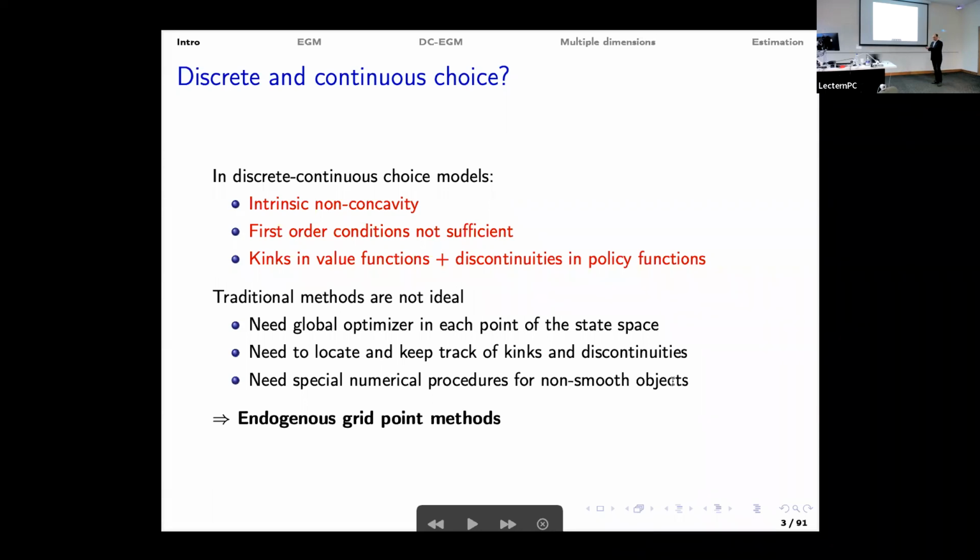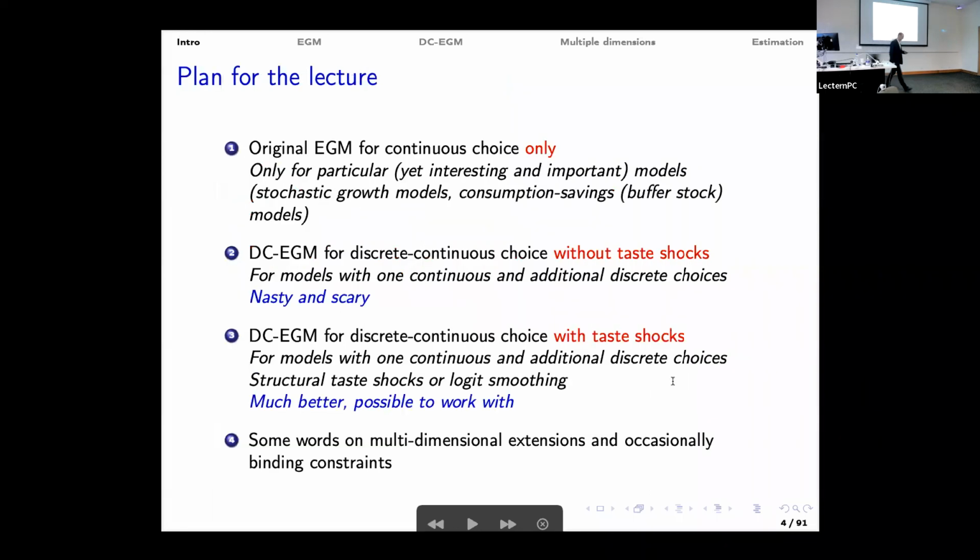Anyway, so all this leads us to the set of methods which are evolving around the idea of endogenous grid points. So the plan today is that we first talk about plain vanilla EGM, endogenous grid point methods. Then we will add discrete choices, and we follow the thought process that we had.